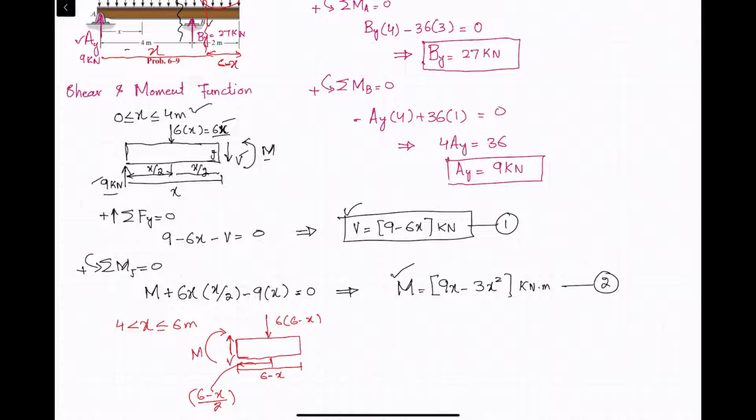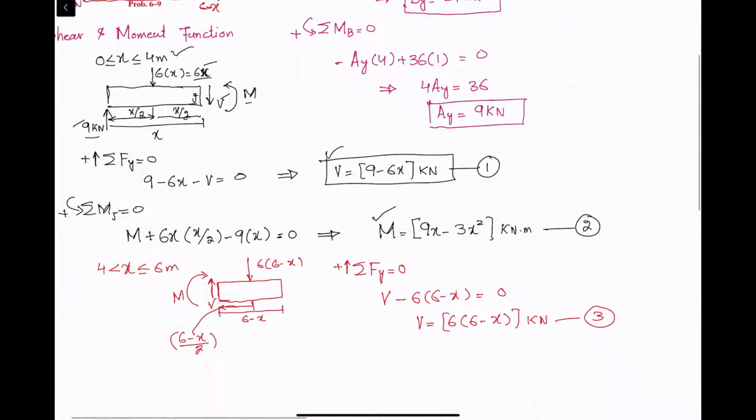Now we will apply the equilibrium condition. Sum of all forces along the y direction is equal to 0, taking upward as positive. So two forces, one is V which is upward, minus 6 into 6 minus x. Their sum must be equal to 0. So from here you will get V is equal to 6 into 6 minus x, and this will be in kilonewton. Let this be equation number 3.